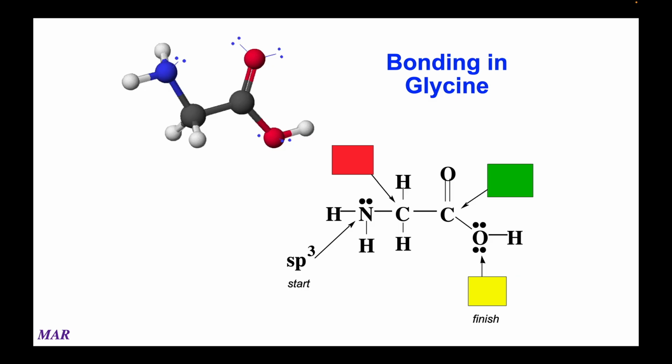Going to the red one, it points to that carbon, and that carbon has 1, 2, 3, 4 bonding pairs around it, 2 to the hydrogens, 1 to the nitrogen, and 1 to the carbon. 4 bonding pairs means tetrahedral. Tetrahedral means sp3. Go to the green one now. That carbon in the middle has a double bond and 2 single bonds: a single to carbon, a single to oxygen, and a double bond to oxygen.